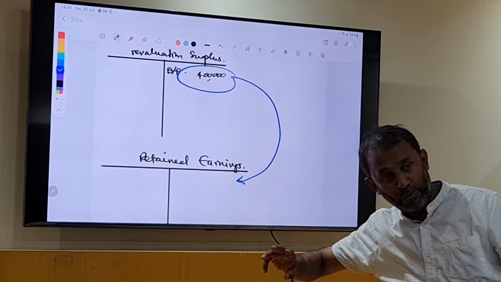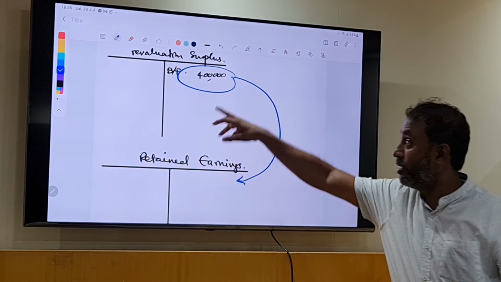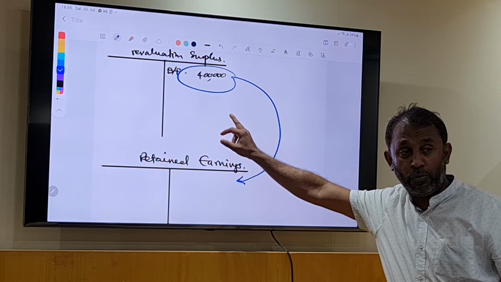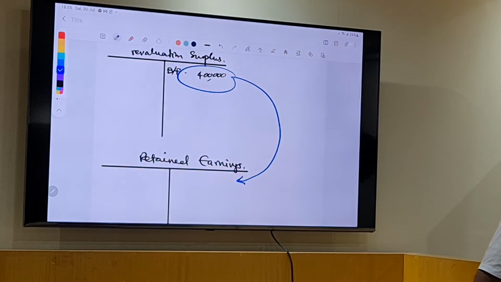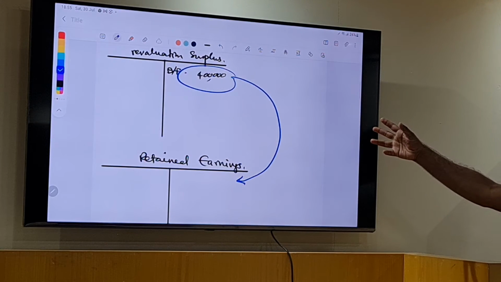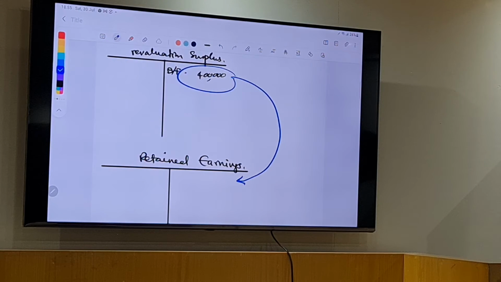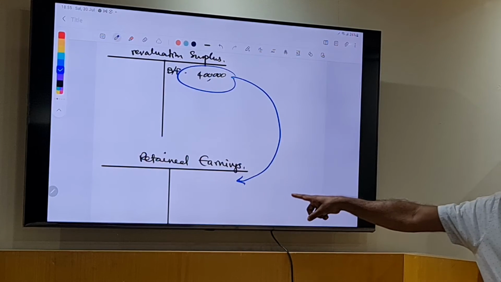So my question to you, when I go to transfer in this account, what will I do? Debit or credit? Think like this. This is the pot. 400,000 I have. Every year I will take 20,000 out. And that 20,000 I will give it to? Debit.